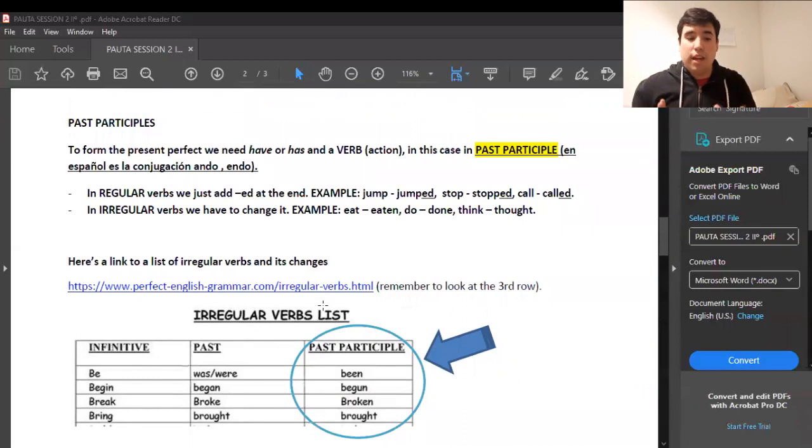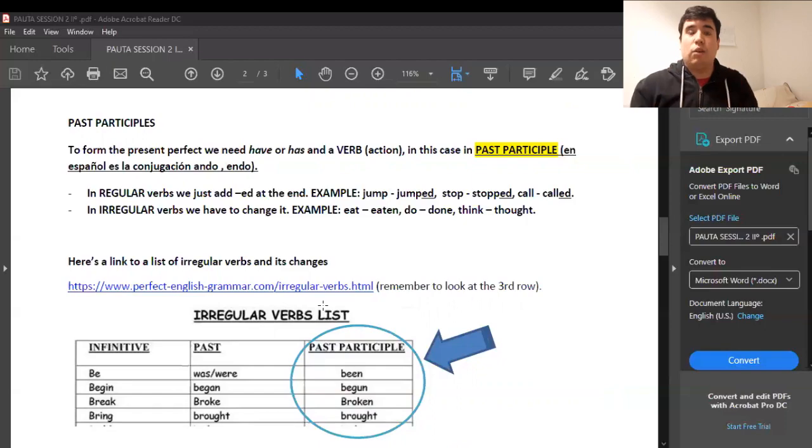So, an easy way to know whether a verb is irregular or regular is memorizing the list of irregular verbs. Because if a verb is in the list, then it means it's irregular and you have the past participle form on the third column. If a verb is not on the list, that means it is regular. So you need the base form and ed at the end.